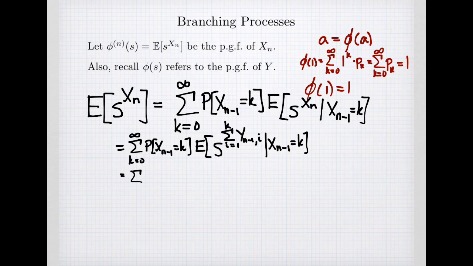This is a summation k 0 to infinity probability xn minus 1 equals k times the product, the expected value of s raised to the y. They all behave the same way, and I get to multiply those because they're independent. So this is raised to the k power.